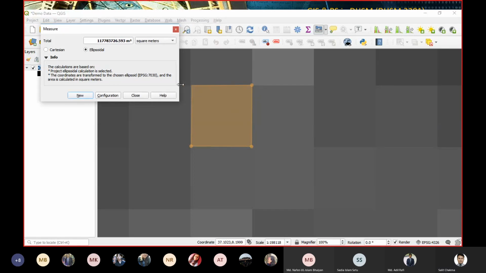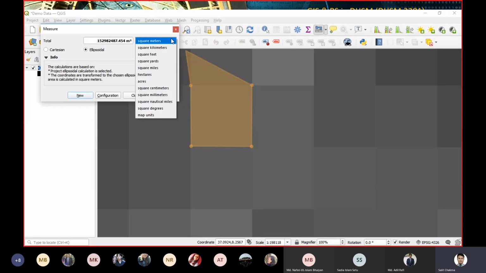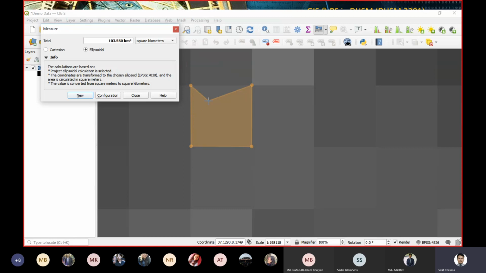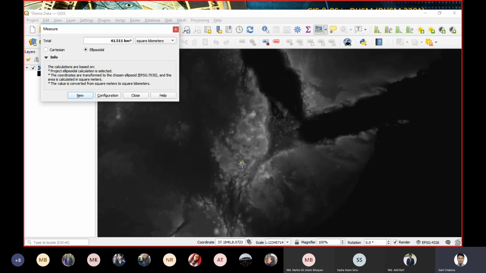So if I zoom in, one pixel is almost 100 square kilometers, so 100 kilometers by 100 kilometers. That's the spatial resolution of this image.